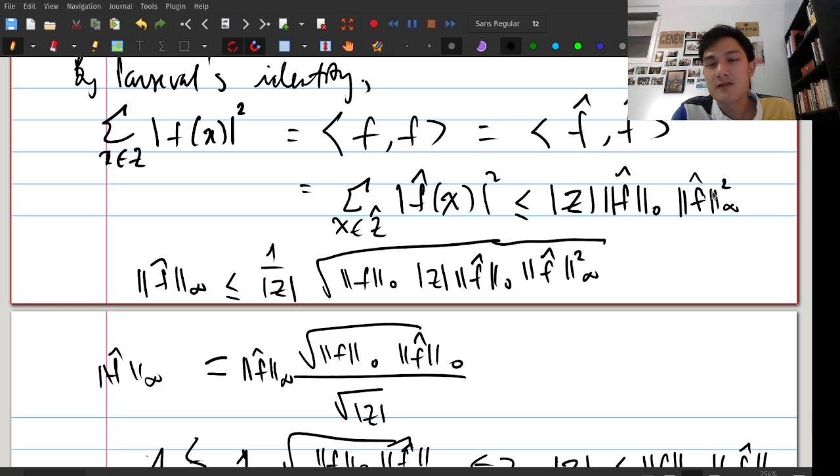The f is the biggest it could possibly be. Yeah, it seems like this thing shouldn't be here. Am I going crazy? I don't know. This is the biggest that f hat of chi squared could possibly be. It's a square, but the square's on the outside.